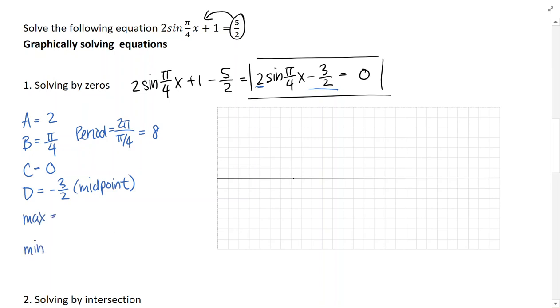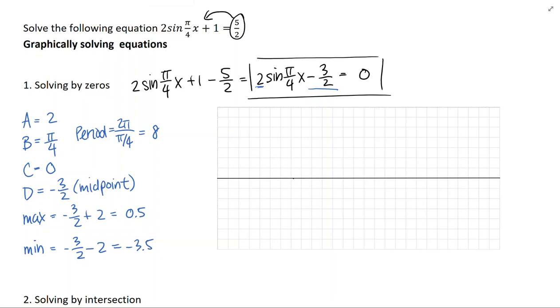So max is going to be our midpoint plus our amplitude, which in this case is 0.5. And our minimum is going to be our midpoint minus our amplitude, which is negative 3.5. So now with all these values, we can easily plot this graph very quickly.